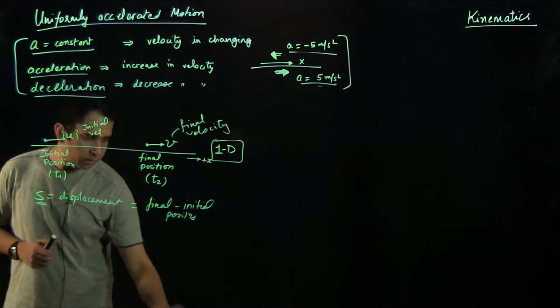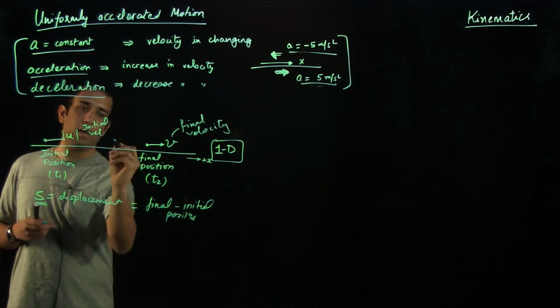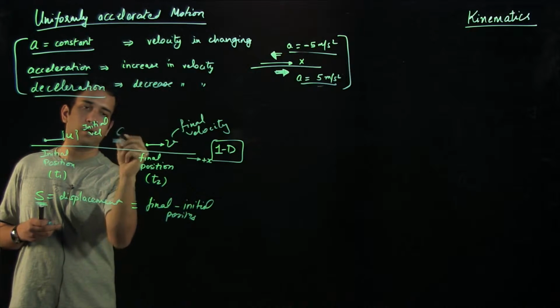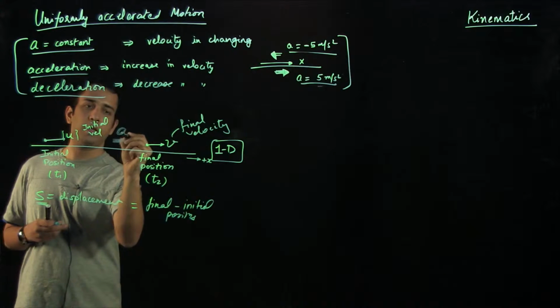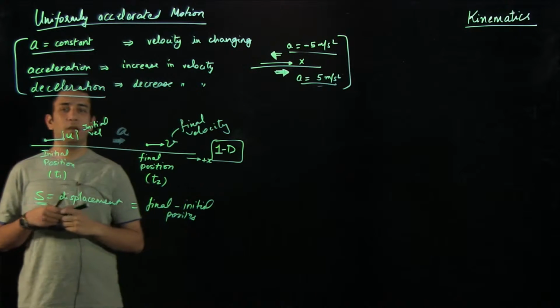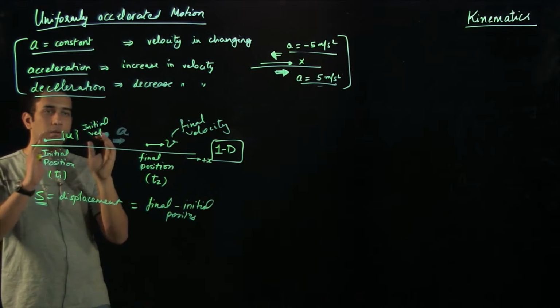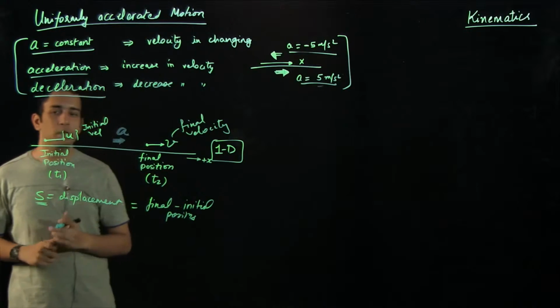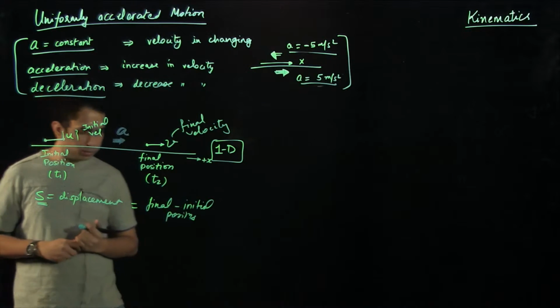The particle is experiencing an acceleration a, and because the acceleration is constant, it will be a single variable acting on the particle throughout its motion from the initial to the final position.